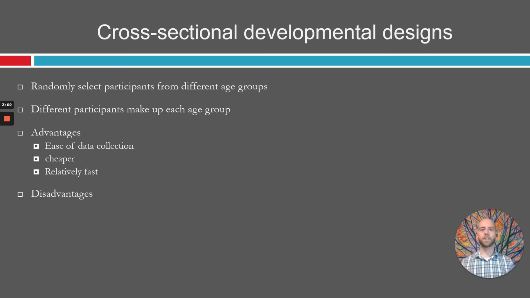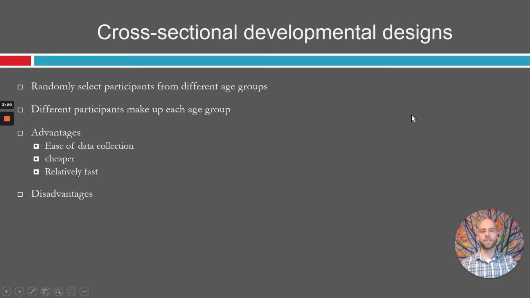But imagine that you want to study the different attitudes about some particular outcome, and you just select people from different age groups. You measure their attitudes and you compare those different attitudes and see if they differ between those cross sections of the population. So it's very cheap and very easy and fast compared to the alternative.